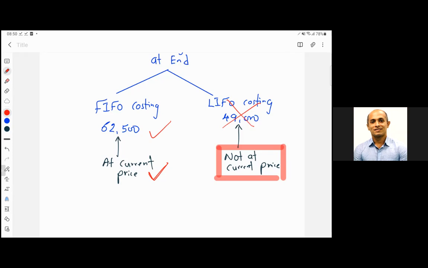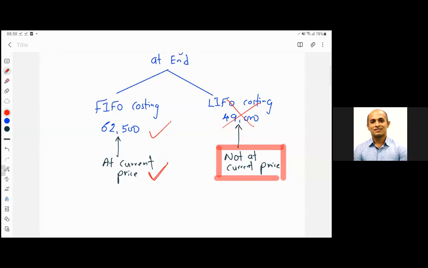They move very fast, they have quick purchases, more purchases. The inventory holding period is much less.